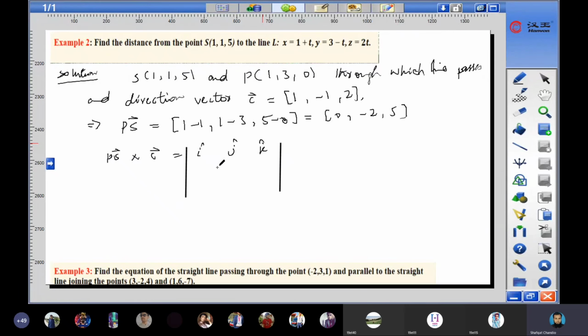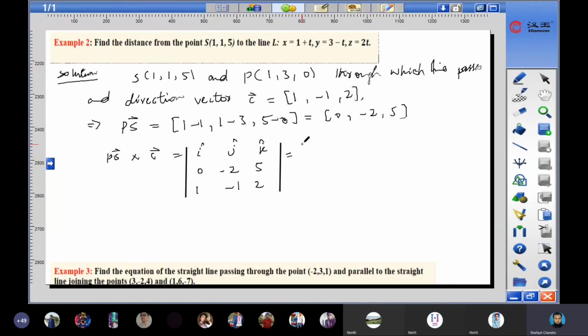Now substitute the components of the vector PS, which are 0, minus 2 and 5. The vector C has the components 1, minus 1 and 2. Simplify this.